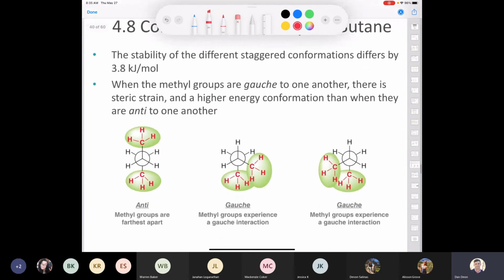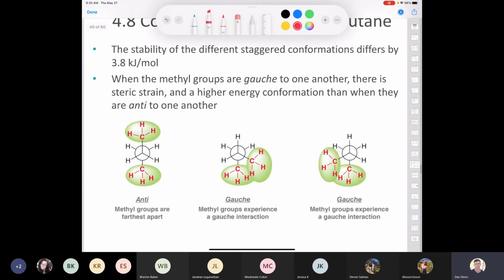Well, let's get back into those staggered conformations. The difference in energy of the staggered conformations that we analyzed, the gauche and the anti, is 3.8 kilojoules per mole. So, terms that you need to know. When the methyl groups are gauche to one another, there is a steric strain and a higher energy conformation. We sometimes draw lines like this in chemistry to represent that they're crowding each other.